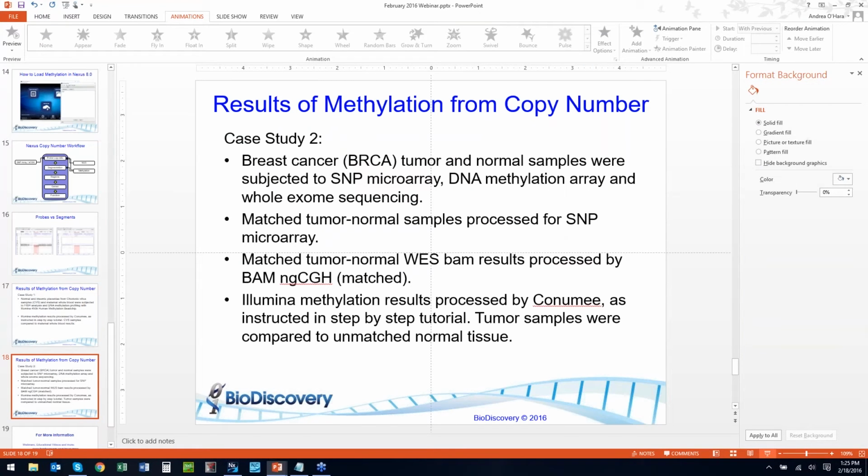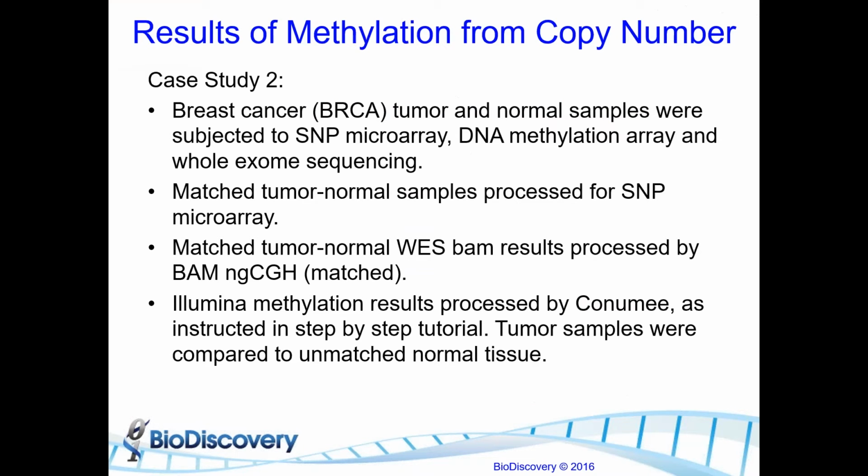Case study number 2 is using breast cancer, or BRCA, tumor and normal samples. These samples were subjected to SNP microarray, DNA methylation array, as well as whole exome sequencing. For the SNP array, we have matched tumor and normal samples as processed by an Affymetrix SNP 6.0 array.